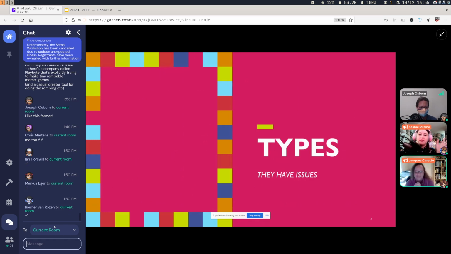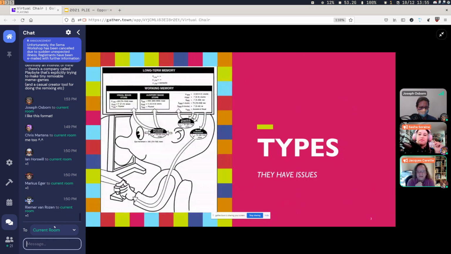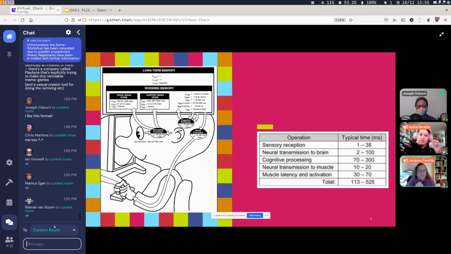All right, bring back the model human processor. So imprecise. But it does give us some ideas about how long information takes to decay in your memory, or on average, how long it takes for a motor response. And look here, there's all this research from CogSci about how long each operation takes. What if we took this data and made types based on the constraints of these abilities?